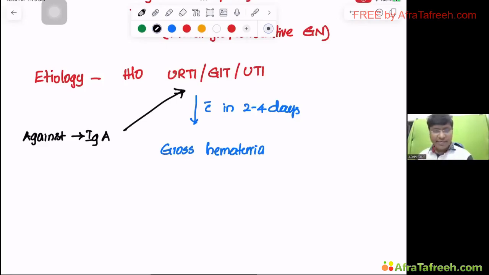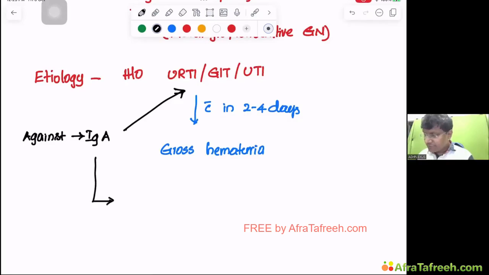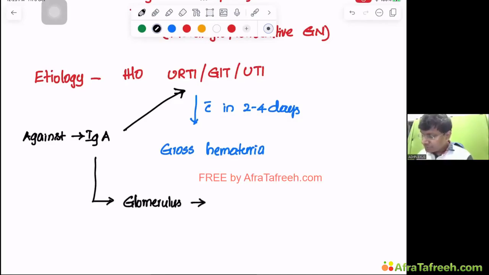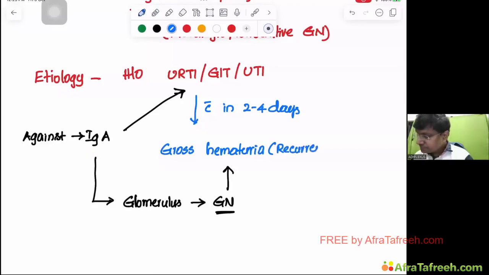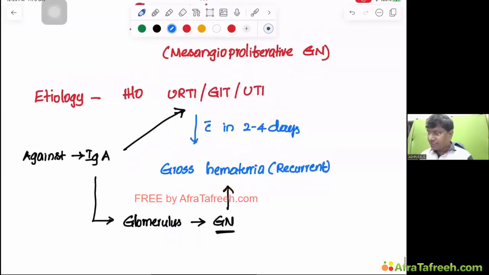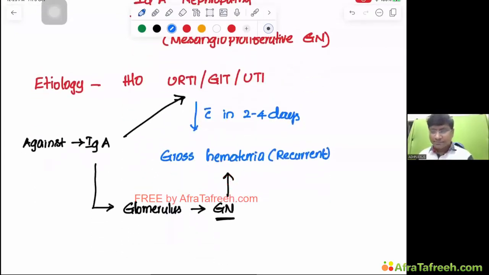This IgA which is formed against that upper respiratory or GIT or UTI will accumulate in the glomerulus, causing glomerulonephritis, and thereby these patients will have gross hematuria. The type of hematuria that you will have is recurrent gross hematuria. That is what you will observe here.